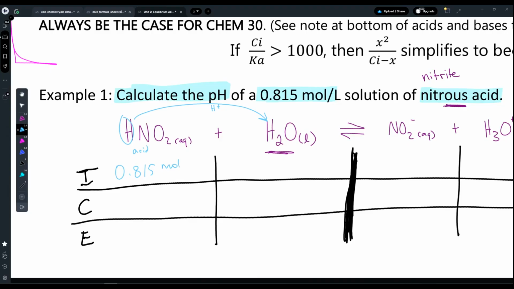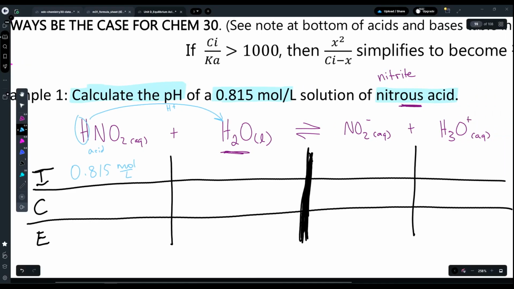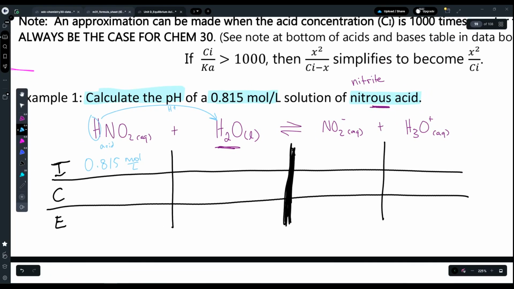Since water is the only liquid in this equilibrium, we do not include it in our equilibrium law expression. And we can assume, since the concentration of nitrous acid was the only thing talked about, both of our products start off with 0 moles per liter, because right now we just have nitrous acid, but it hasn't yet reacted with water.